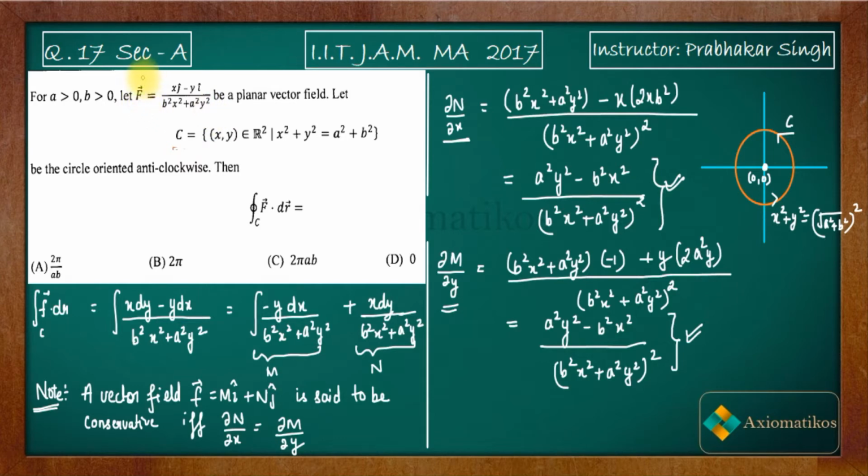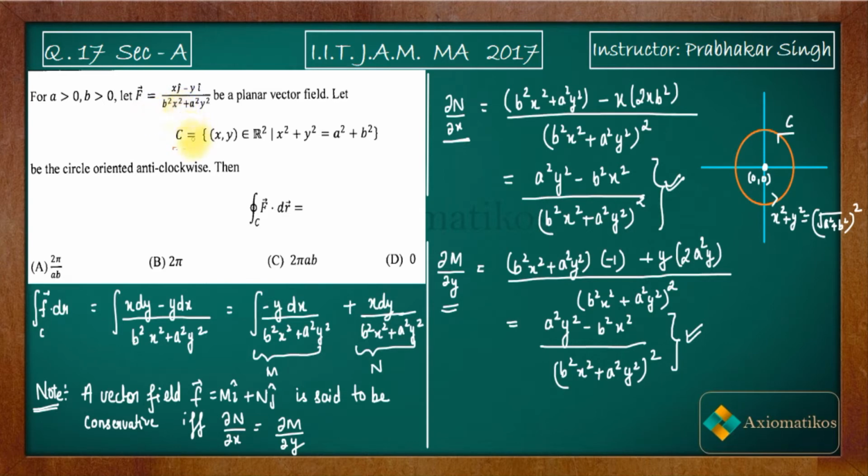Now if you want to talk about differentiability of this vector field f on the region enclosed by this curve, you don't have that property of differentiability. Why is it not differentiable? Because it is not even continuous on the region enclosed by this C. Why? Because (0, 0) is inside it, so you will get 0 in the denominator. So f vector is not even a continuous function.